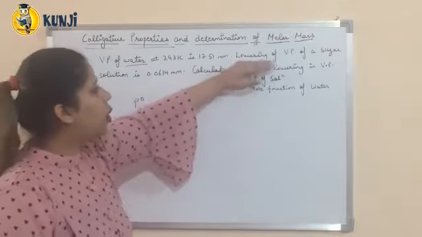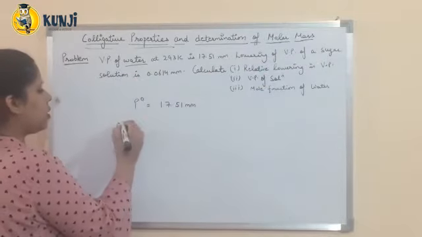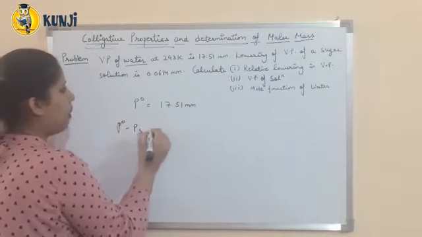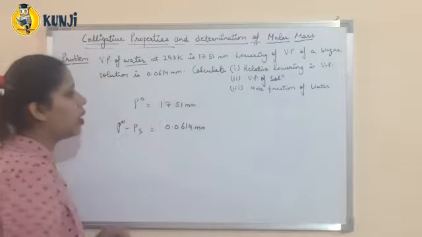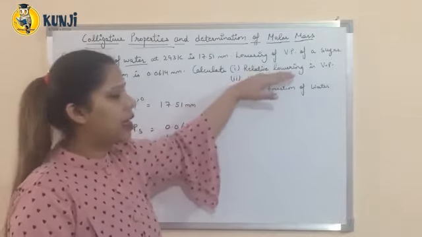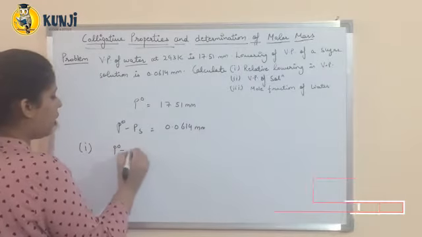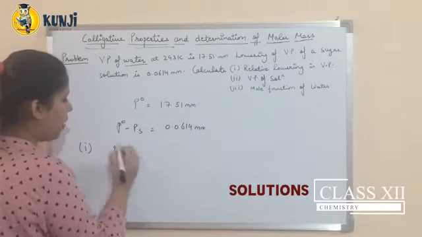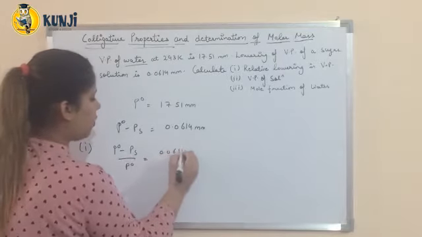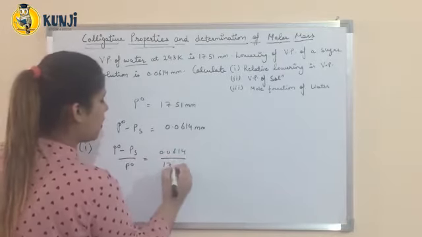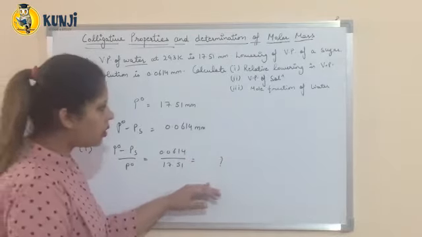The next thing is the lowering of vapor pressure of a sugar solution, which is P0 minus Ps, given as 0.0614 mm. And we have to calculate, number 1, the relative lowering in vapor pressure. The formula is P0 minus Ps over P0. Everything is given in the question: it is 0.0614 over P0, which is 17.51. So you will solve it and you will get the answer.